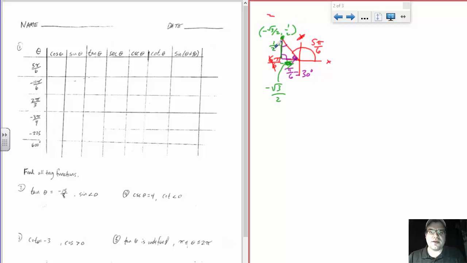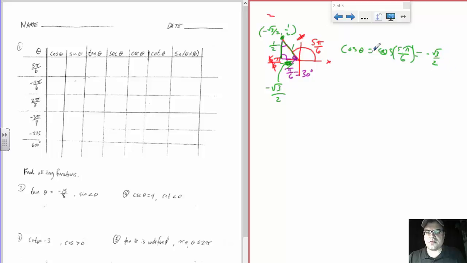Okay. So what I'm basically saying is that this x coordinate is x over r, and r, the radius, is 1. So if I say this over 1, that's the cosine of this angle. So the cosine of theta, or I should say the cosine of 5 pi over 6, really, is in fact this x value, which is negative root 3 over 2.